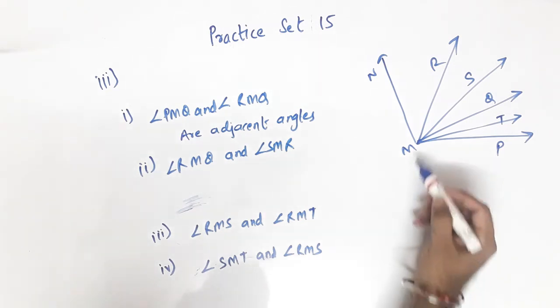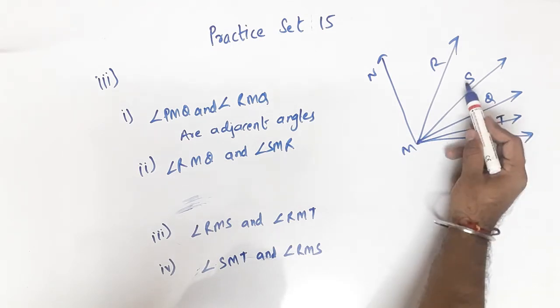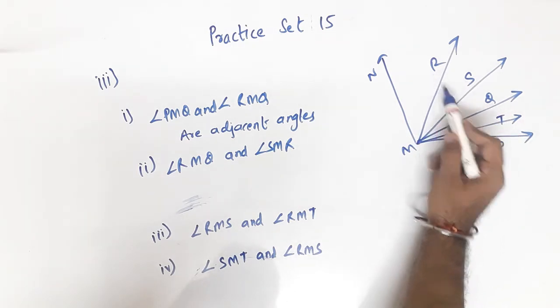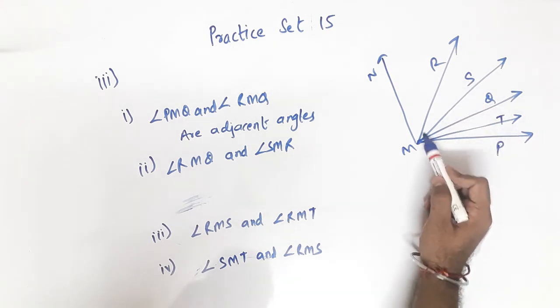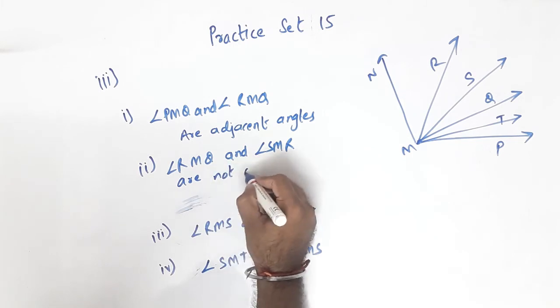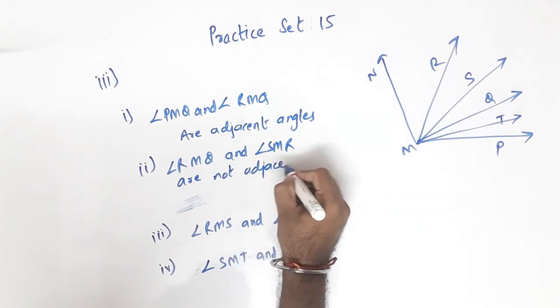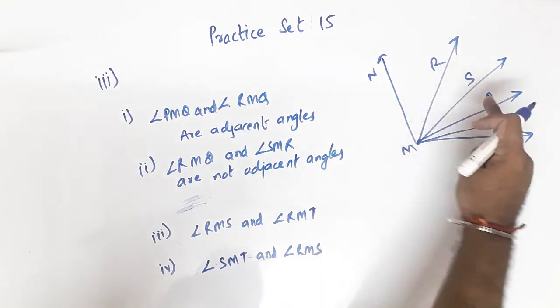Okay, let us see now angle RMQ and SMR. RMQ and SMR are not adjacent angles. Why they are not adjacent angles?